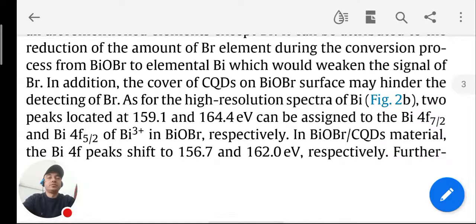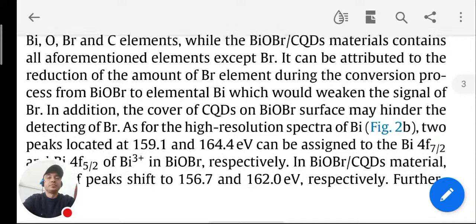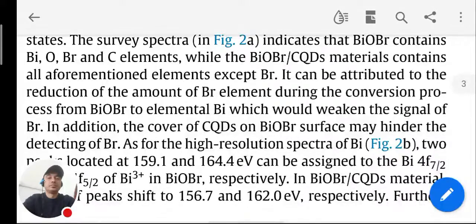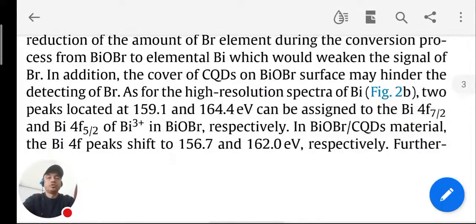As for the high resolution spectra of Bi, two peaks. Actually, now we are discussing binding energies, elemental composition, and binding energy. So, two peaks located at 159.1 and 164.6 electron volts can be assigned to Bi 4f7/2 and Bi 4f5/2 of Bi3+ in BiOBr respectively.